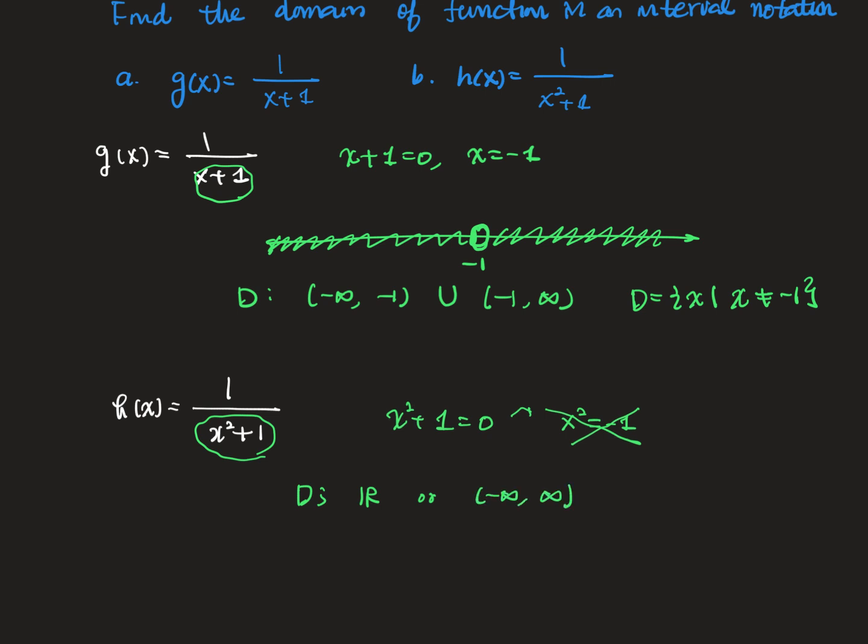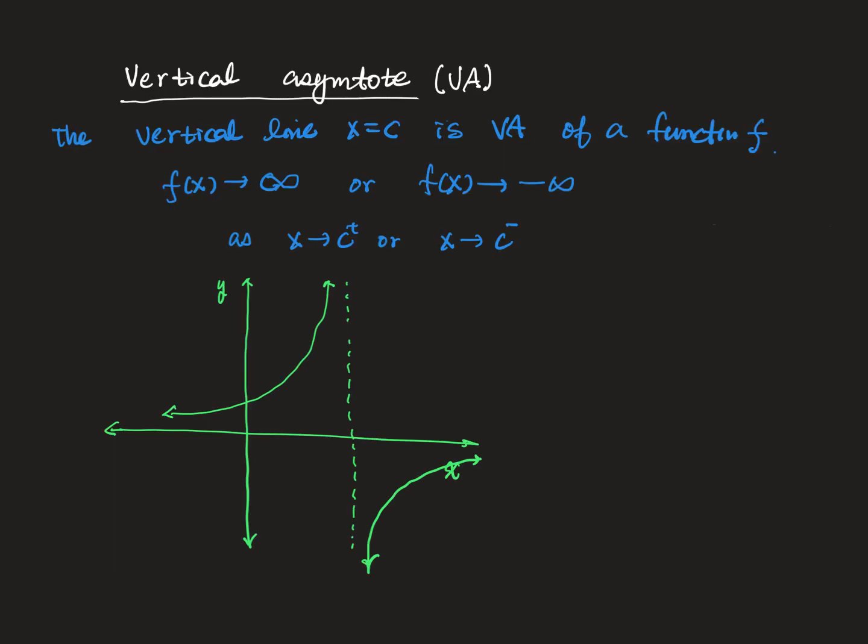So when you're talking about the domain of a rational function, always check the denominator, guys. Next, a very important concept is the vertical asymptote line. Vertical asymptote is very related to domain. This is the behavior of the function f nearby the x value which makes the denominator 0. The vertical asymptote is x equals c.